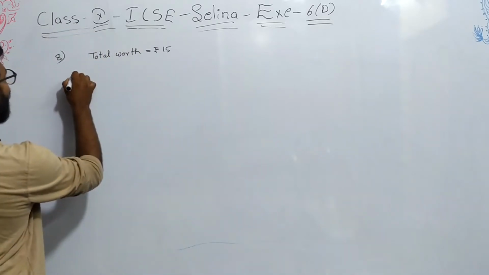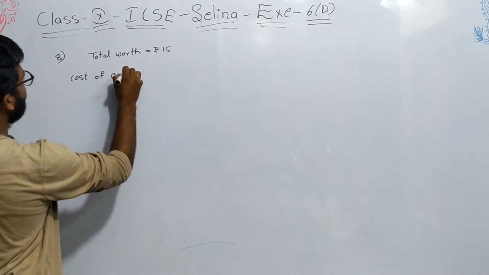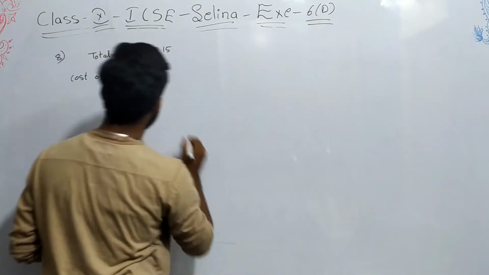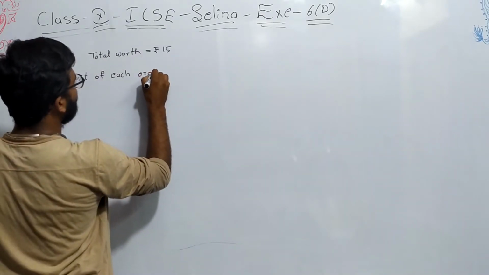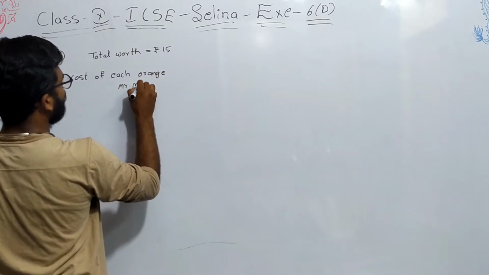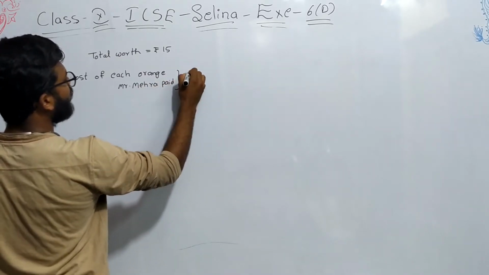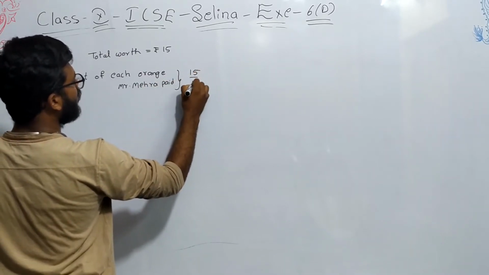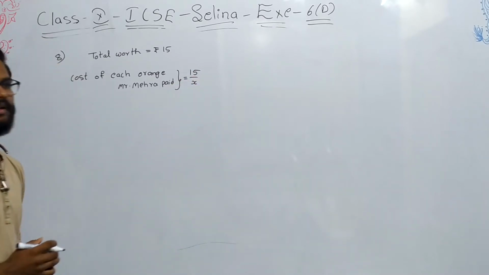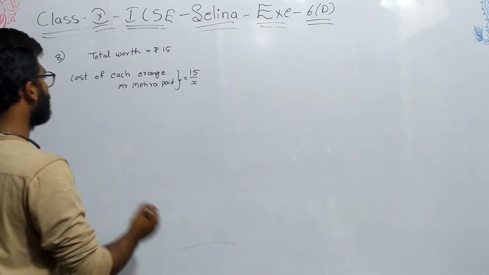So, the cost of each orange that Mr. Mehra paid is nothing but 15 by the number of oranges, right? So, what is the actual cost of each orange?